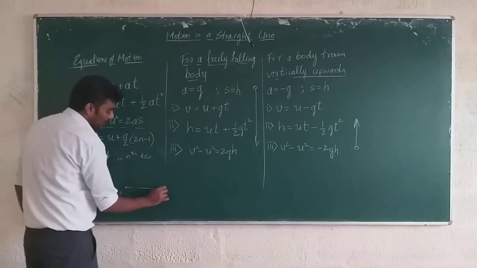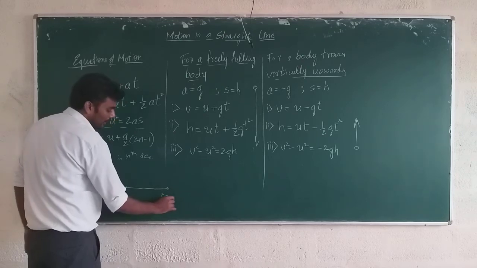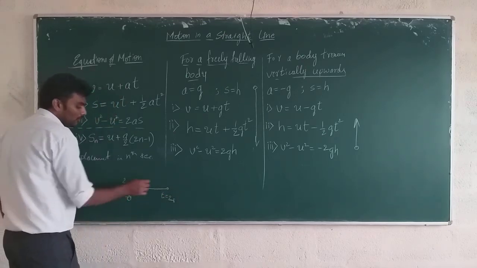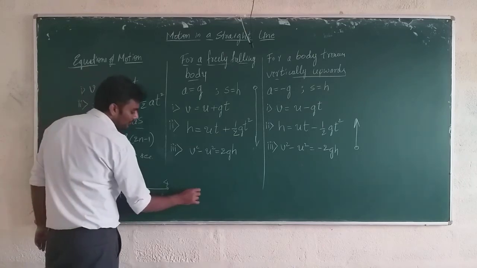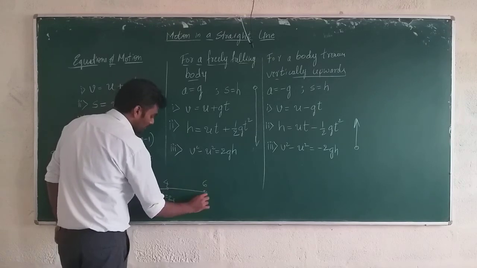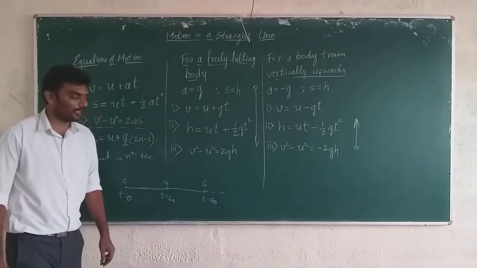After 2 seconds, the speed of the body increases from 2 to 4, and after 2 more seconds, the speed increases from 4 to 6.